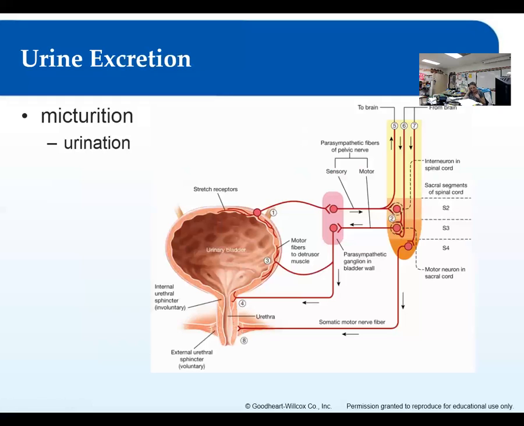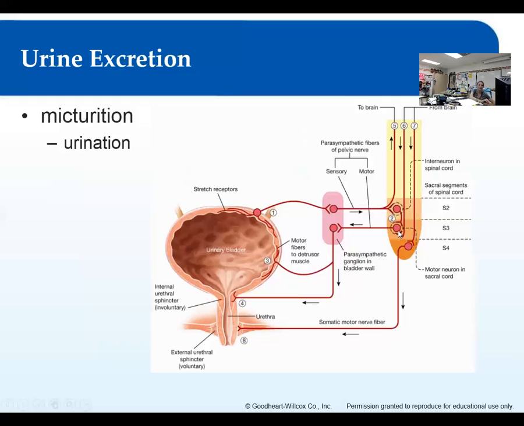Number 5 says while the detrusor is contracting and the internal urethral sphincter is relaxing, the spinal cord also, so while all this is going on, is sending a message to the brain that says, hey, the bladder is stretched, you need to pee. Okay, so there's number 5. Number 6, the sensory message from the spinal cord activates the micturition reflex center in the brainstem, which then sends messages back down to the spinal cord.